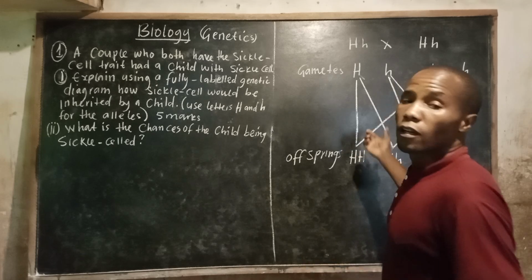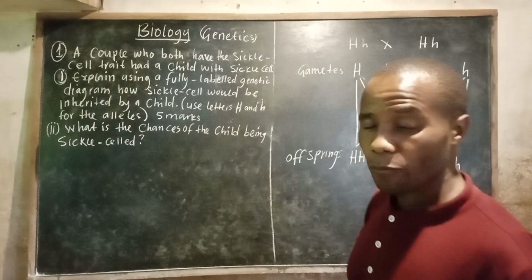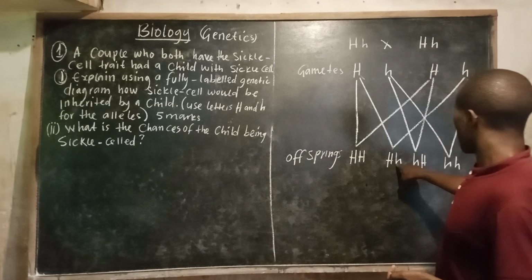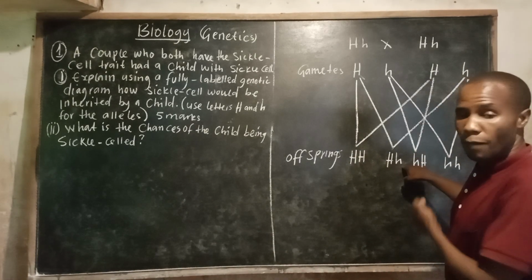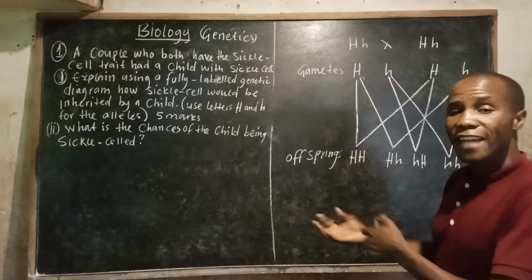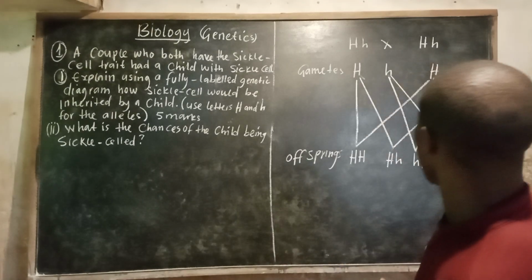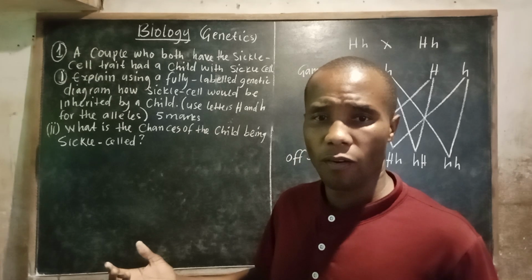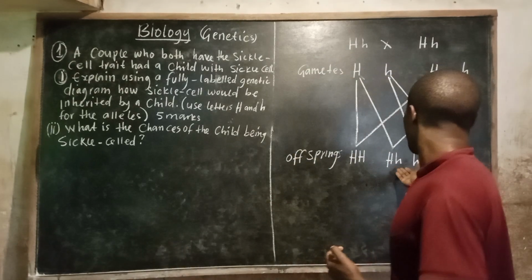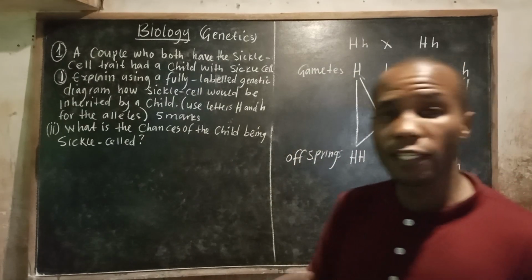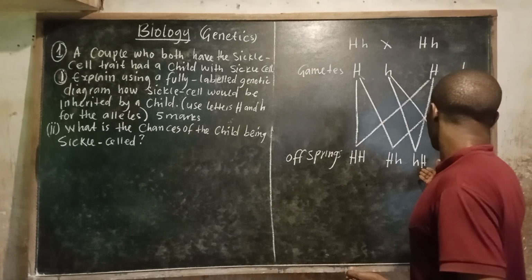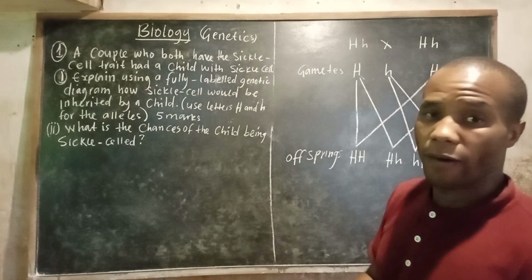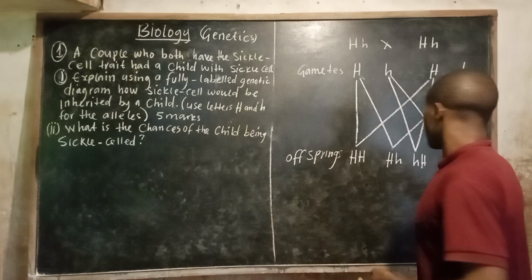This child has a trait of sickle cell, because of the small h which is appearing there. But in actual sense, this child is normal physically, but inside there is a trait of sickle cell. Then the other one is the same.